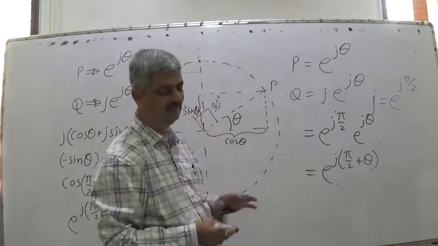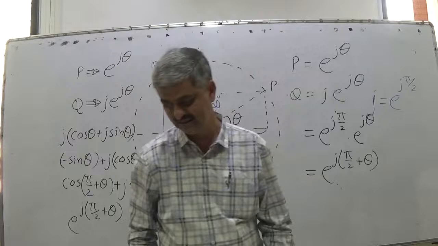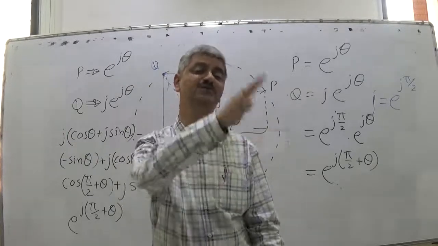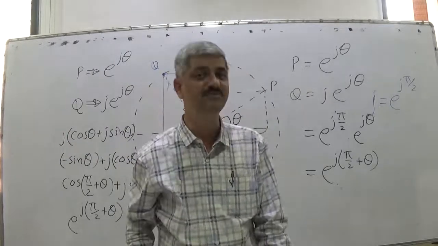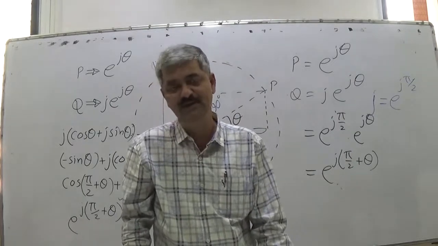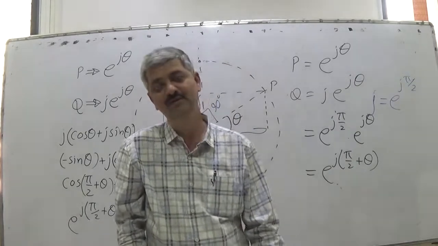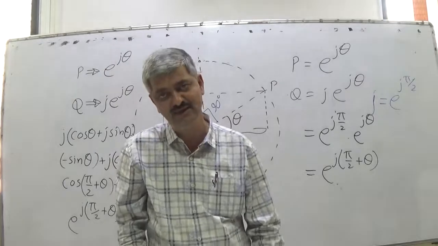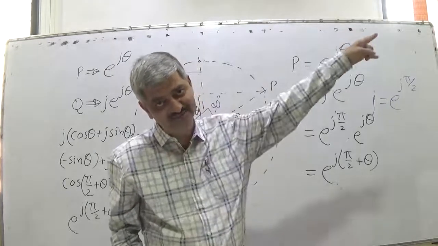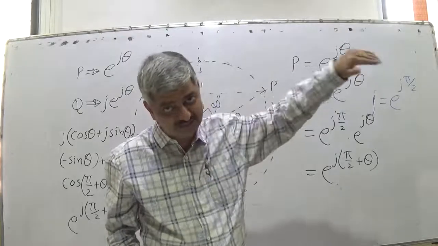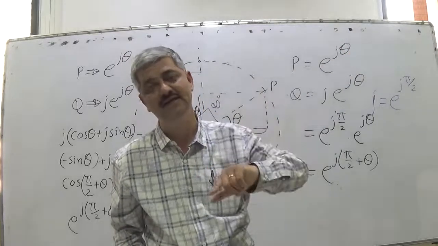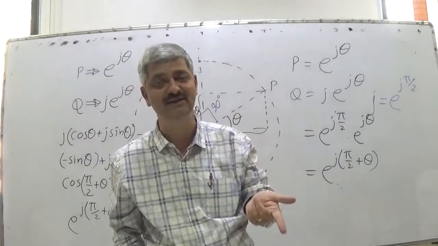So if I multiply by j, the point shifts on the unit circle. So e raised to j theta, if I multiply by a real number r, the point moves in the same direction r times, meaning it moves on a circle of radius r with the same angle theta.